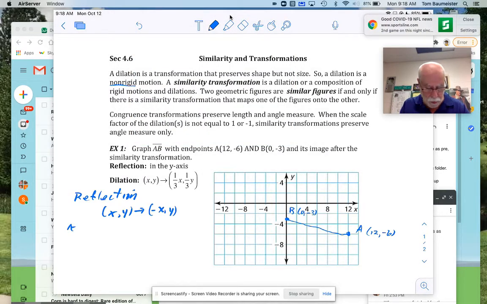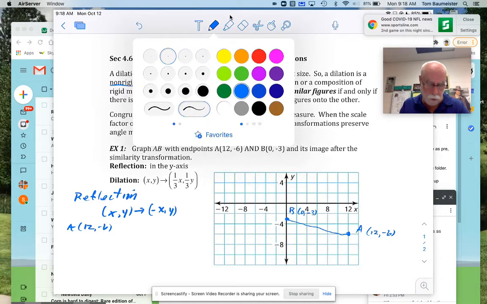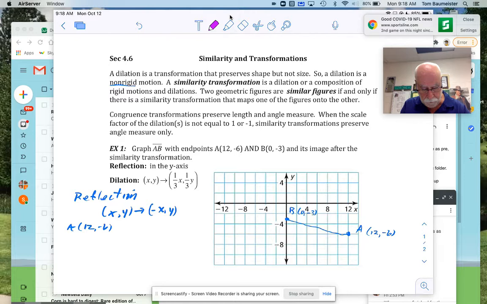A, which is (12, -6), will map to A prime, which will be (-12, -6). All right, so that'll be (-12, -6). That'll be A prime.